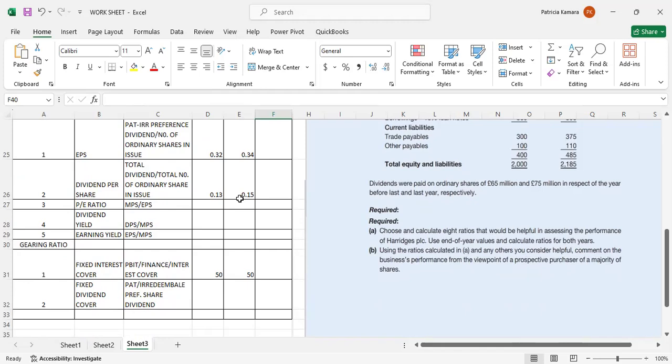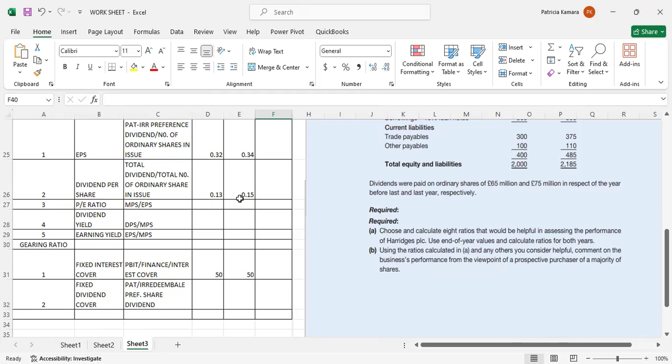Now, from the perspective of a purchaser, based on the figures we have gotten, would you advise yourself to carry on with your investments? Based on the figures that we have calculated, you have to make a decision. This is where it is important. If you are asked to write a report, what do you write? What recommendations will you give? What are the risks that the business may be exposed to?